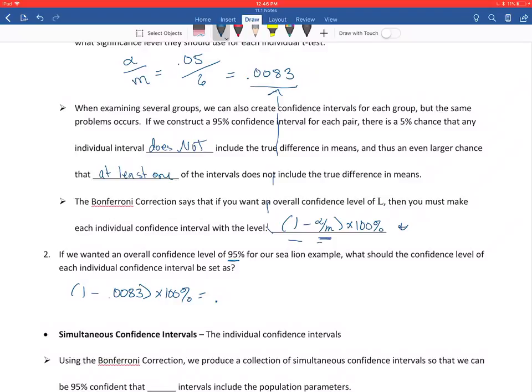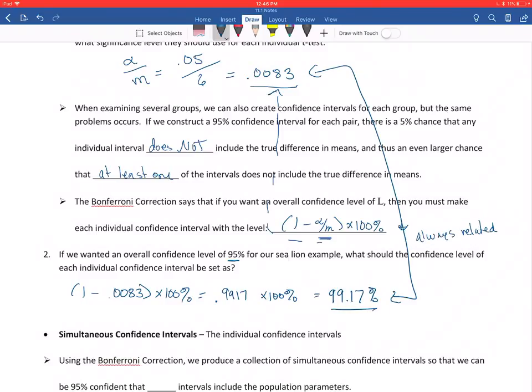I find the complement, so subtracting that I get 0.9917, and changing that into its percent form I get 99.17%. So these are related in the same way that they've always been. A 99.17% confidence level is the same as an alpha value of 0.0083. It's just that we're talking about two different kinds of tests.